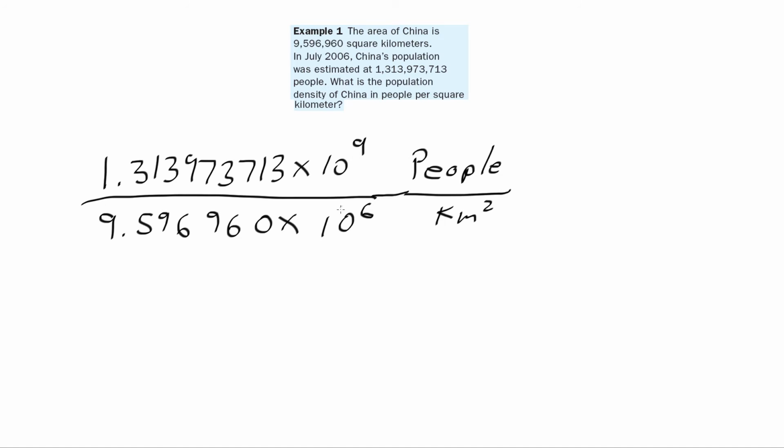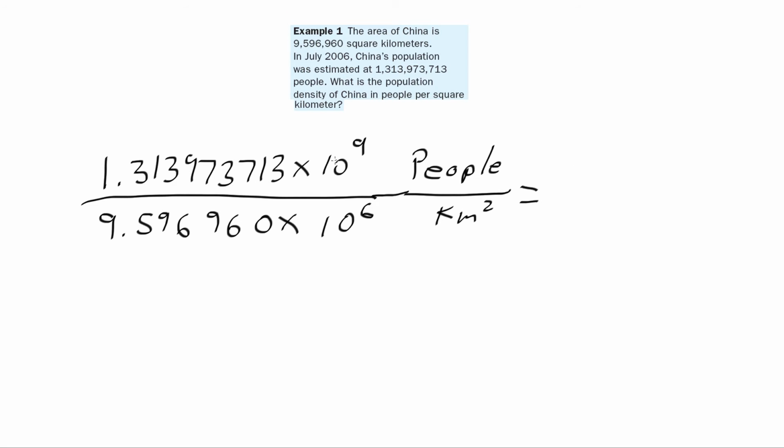So now I can use this quotient of a power to subtract 6 from 9, and then I can do my division of these two numbers to figure out my result. 6 from 9 is 3.